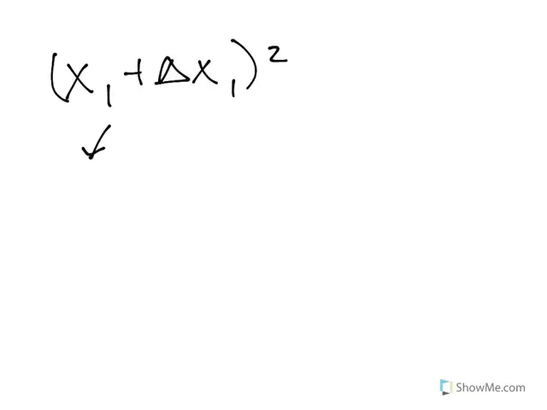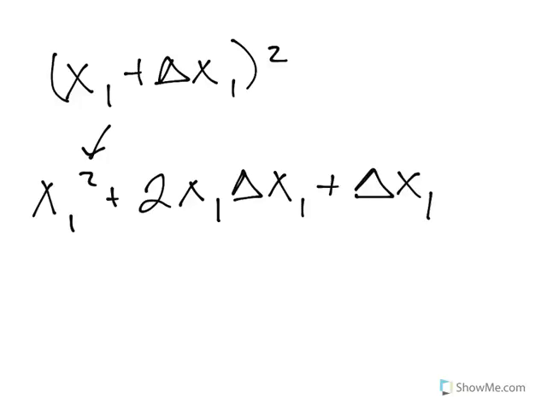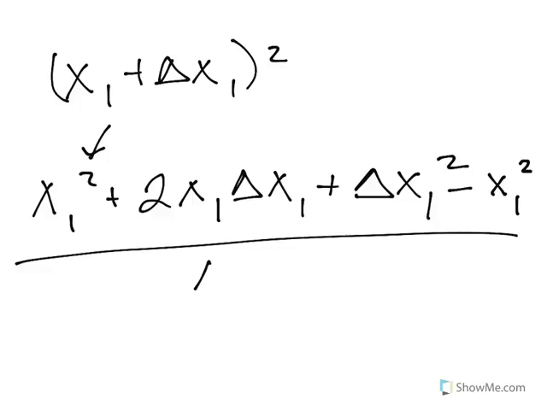Very well, now we can distribute. We have x1 plus delta x1 squared, and we can expand this into x1 squared plus 2x1 times delta x1 plus delta x1 squared. And we have this minus x1 squared, over delta x1.